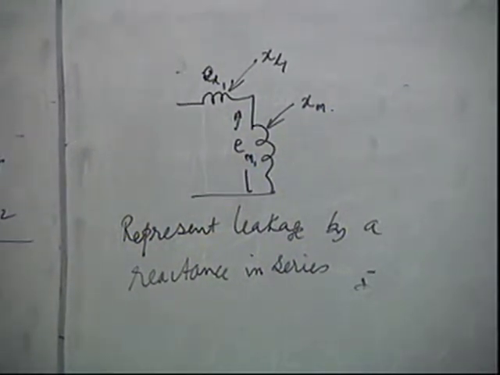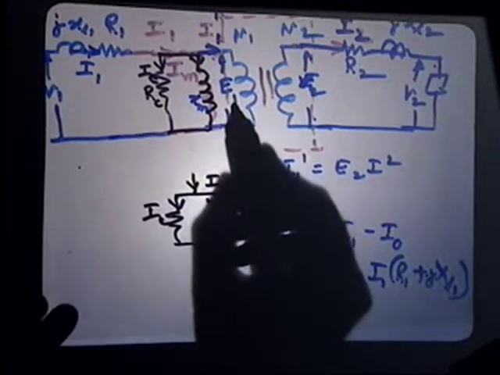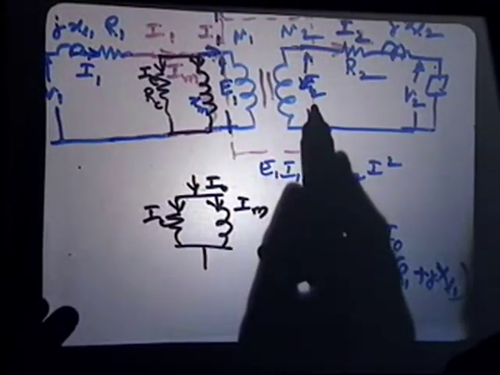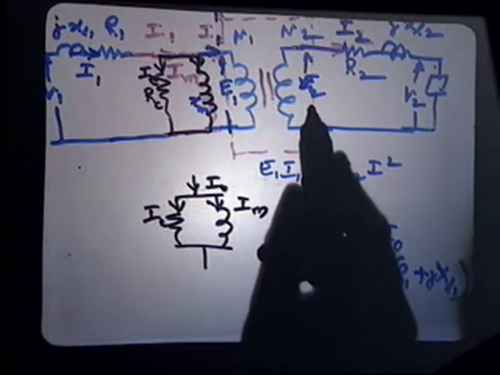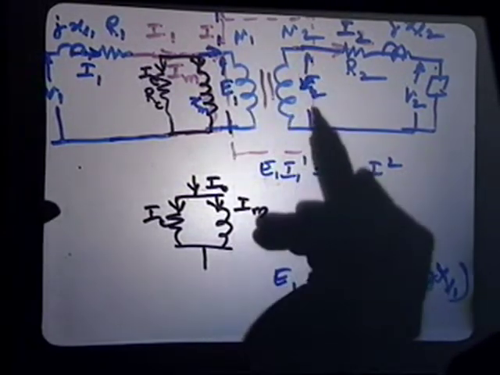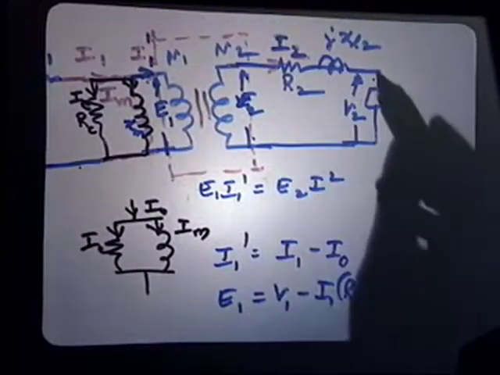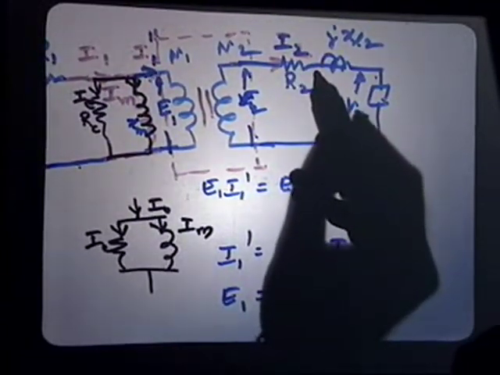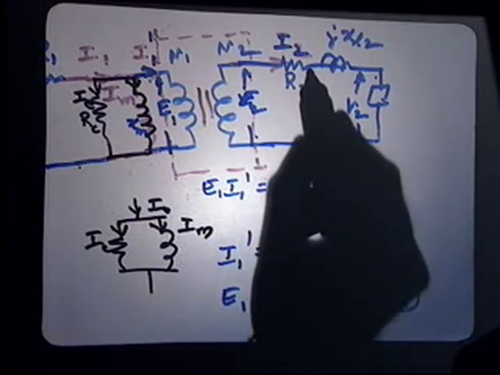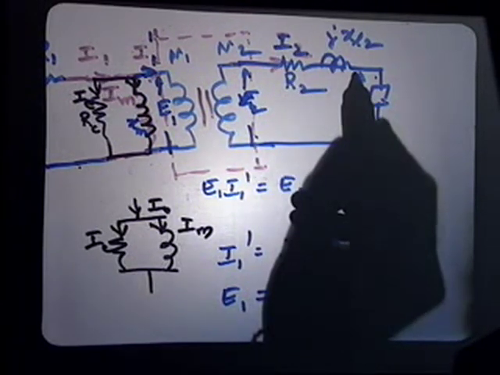Now, similarly, E1 in an ideal transformer gets transformed to E2 in the secondary, proportional to N1 and N2. And in the secondary, whenever you load it, it draws a current, and therefore there is a drop across resistance and a drop due to leakage reactance.